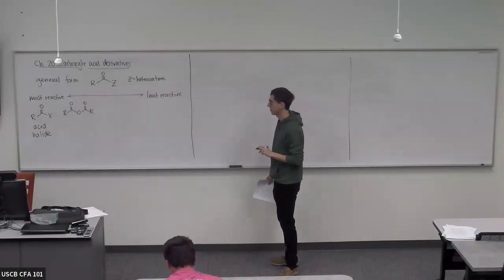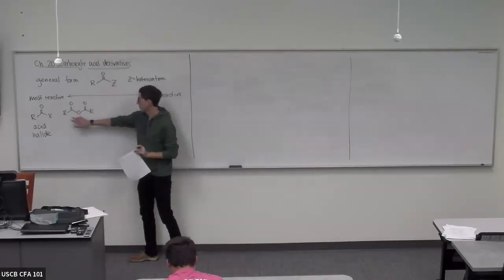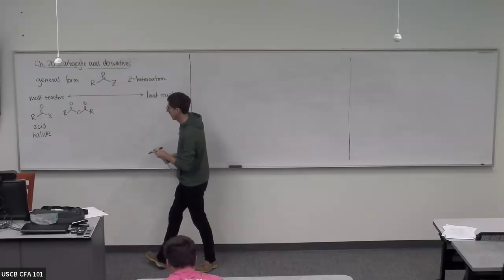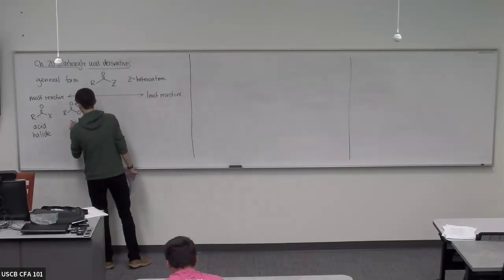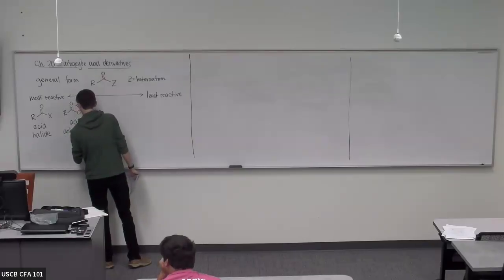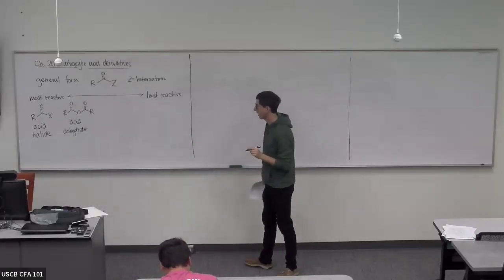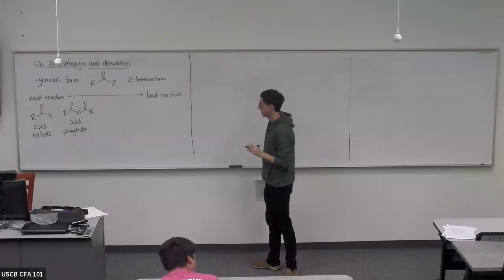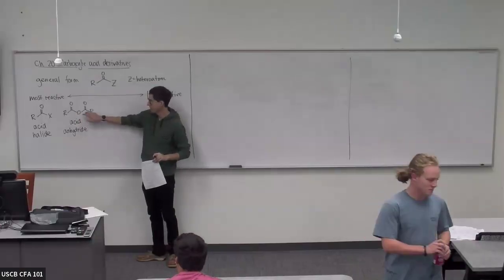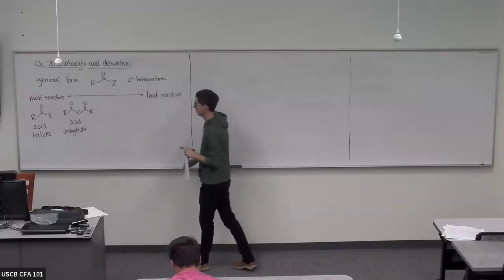There's this interesting structure, which looks like a carboxylic acid bit attached to another carboxylic acid bit. This is an acid anhydride, or just an anhydride. The reason for that is it's essentially 2 carboxylic acids minus water. So anhydride, put them together, you get this.